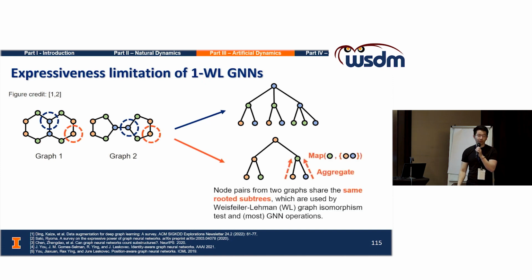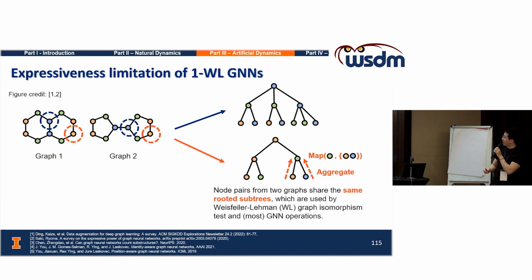So the fact is that if they share the same rooted tree, graph neural networks cannot distinguish them. The reason is that both graph neural networks and the famous Weisfeiler-Lehman graph isomorphism test generate node representations from the leaf nodes, aggregate them into the parent nodes, and apply a mapping to get new representations, and keep aggregating and updating. We call those 1-WL GNNs because in most cases these graph neural networks are not as powerful as the Weisfeiler-Lehman test.